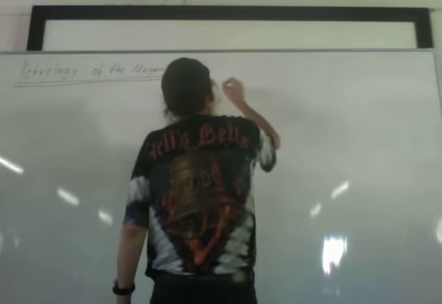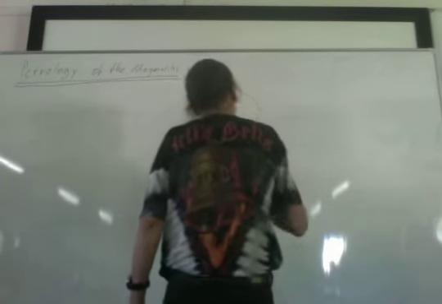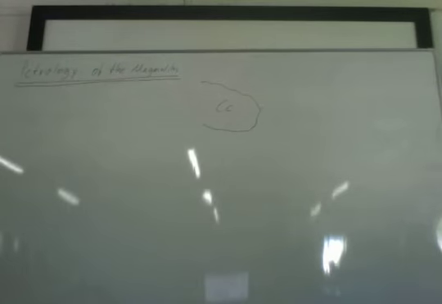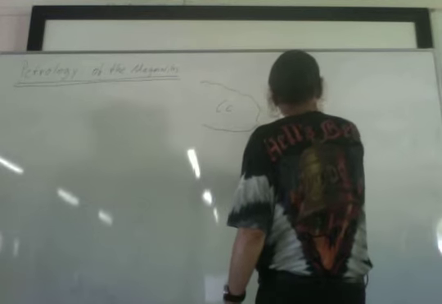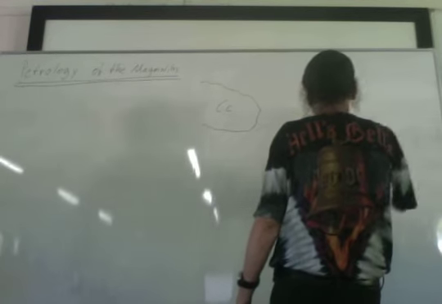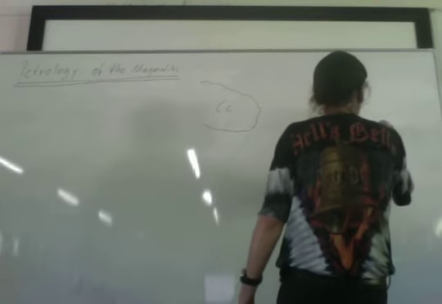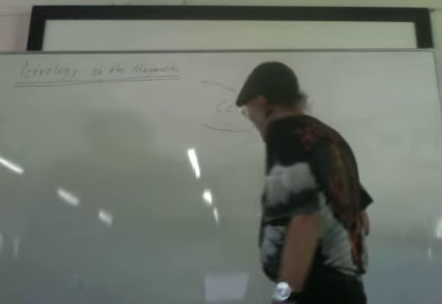So if we are making just a picture here, we have CC, our continental crust. Then you have here your dipping mantle slab. That is the thinner part, that is OC, that stands for oceanic crust.